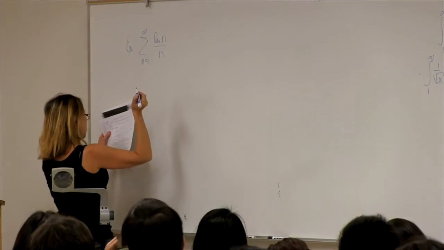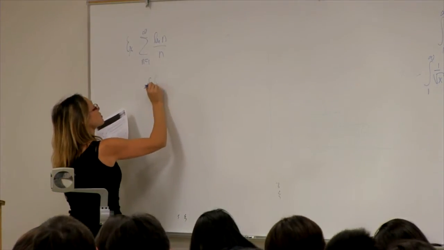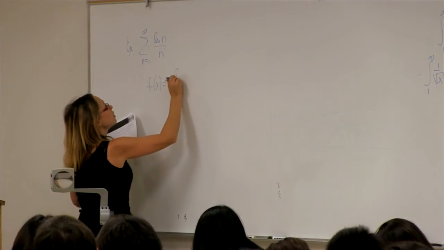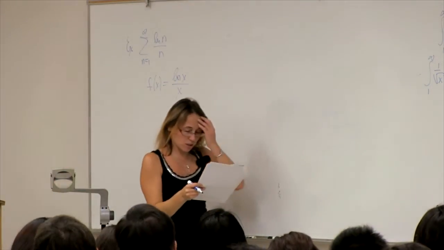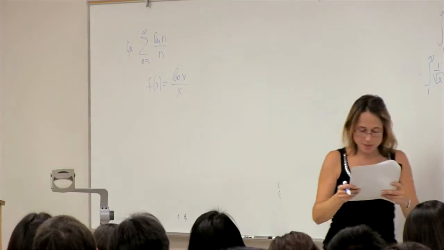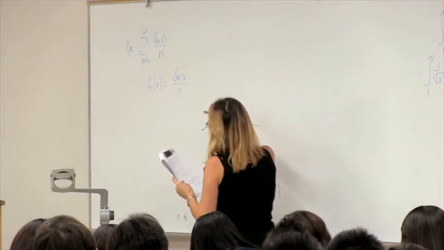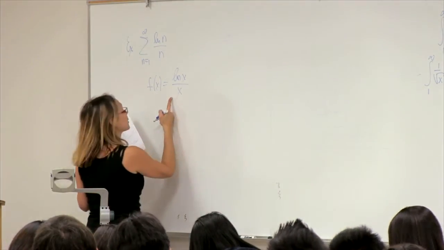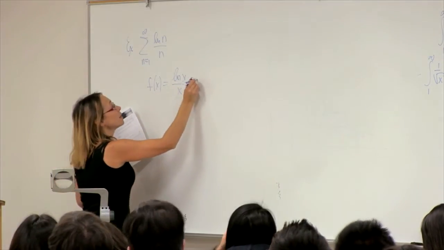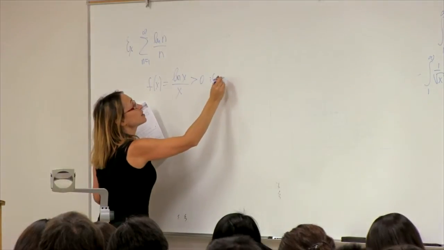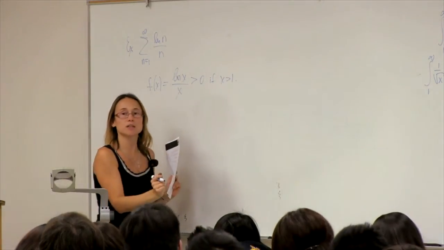So we'll look at the function f of x, which corresponds to this, log x over x. And this function is not monotonic. It's not even positive. It's going to be positive, it's greater than 0, if x is greater than 1. That's good enough.